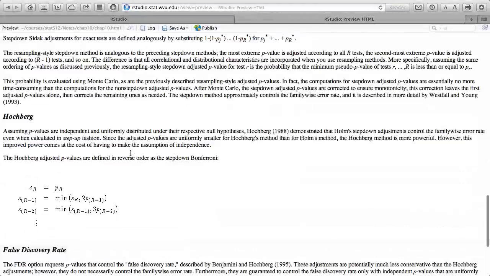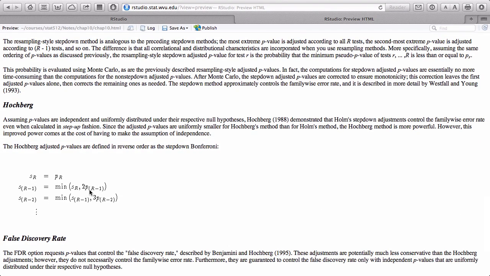Now it turns out that Hochberg showed that if you start the other way, you start with the maximum instead of the minimum, and you set the first one to the maximum p-value, and then the second one is the second largest, multiplied by 2, or again, that maximum p-value. That's called a step-up procedure because you're starting at the max and working down instead of starting at the min and working up. It turns out that this is more powerful than Holm's procedure, and it's in fact uniformly more powerful if you have independence.